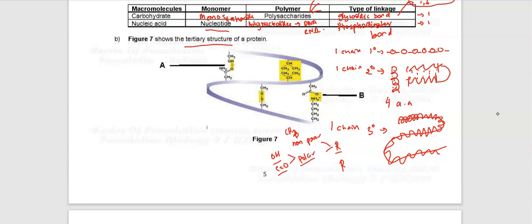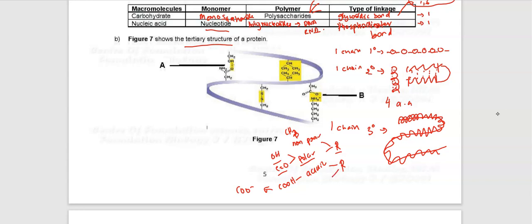functional group in the side chain of the amino acid causes the amino acid to be polar. And then another type of amino acid can be acidic, where in the side chain it has the functional group carboxylic acid, where if this amino acid is in aqueous solution, it will ionize into COO negative.